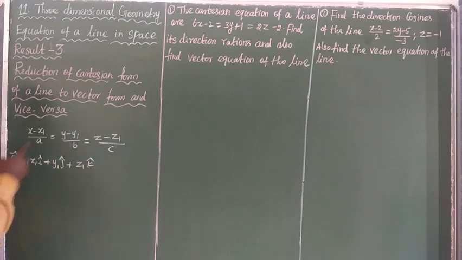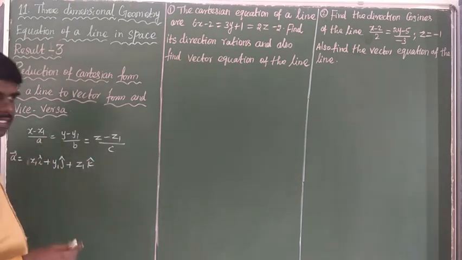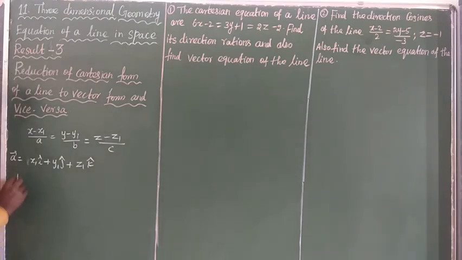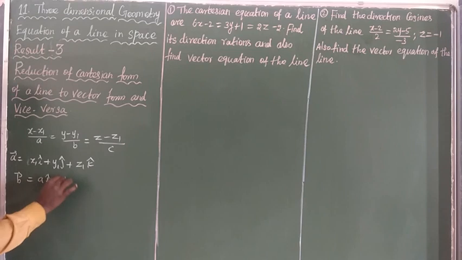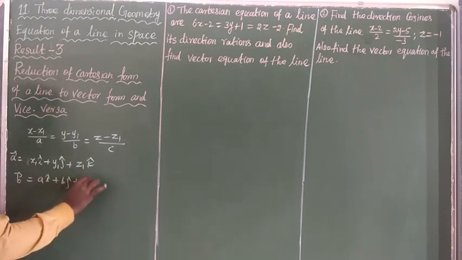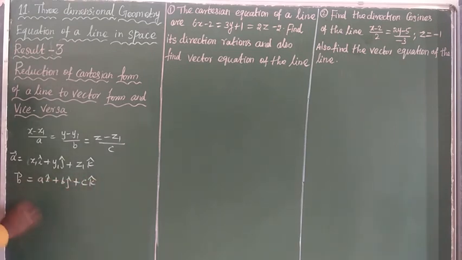Next, b vector is a i cap plus b j cap plus c k cap, the direction ratio. The formula is r vector is equal to a vector plus lambda b vector. This is the vector equation of the straight line.